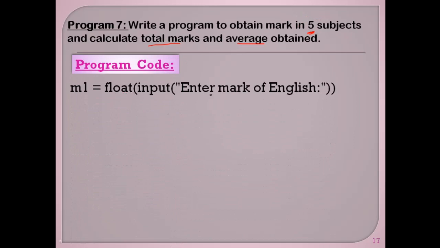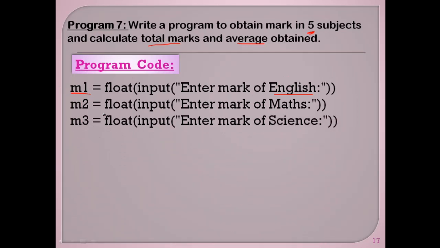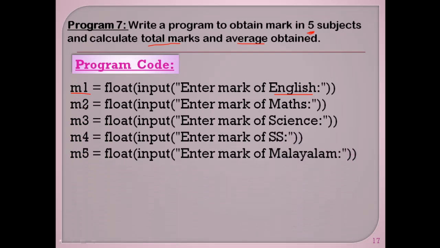M1 is equal to float input, enter the mark of English. The mark of English will be stored in the variable M1. Then M2 is equal to float input, enter the mark of Maths. M3, mark 3. I am giving the variable names as M1, M2, M3, M4 and M5. 5 variables will be initialized. At runtime users can input their own marks.